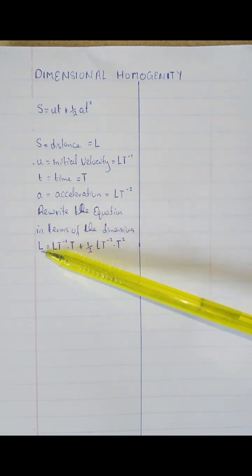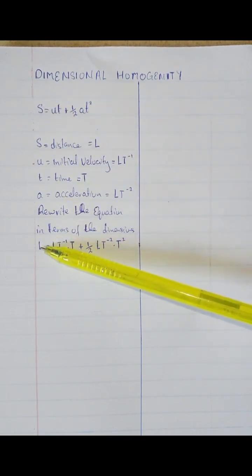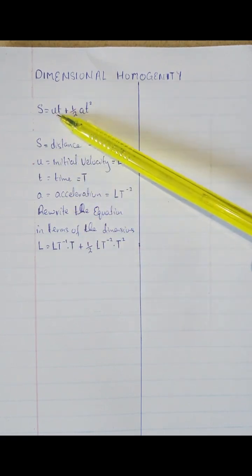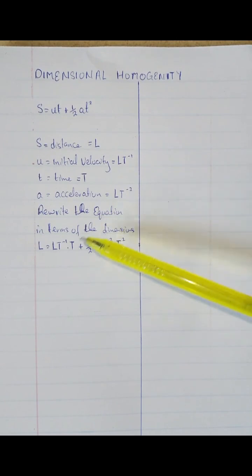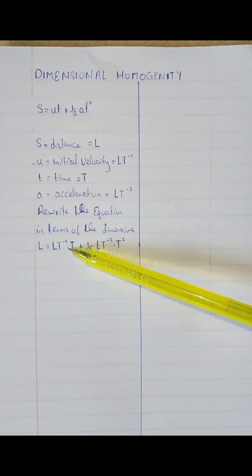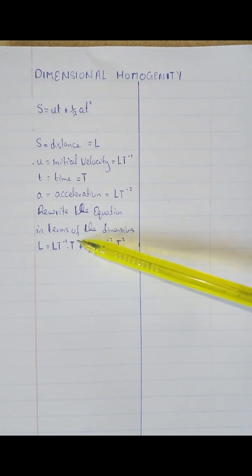So if we do that, L here represents the distance, which is S. So we have L per t here representing U, which is the initial velocity. The dot here represents multiplication. So you can see UT: L per t dot t, where this t represents time.